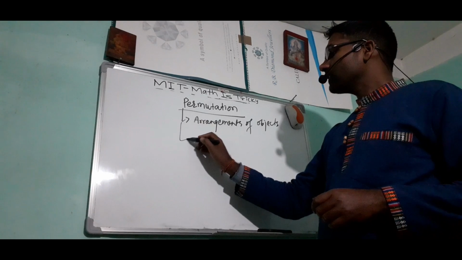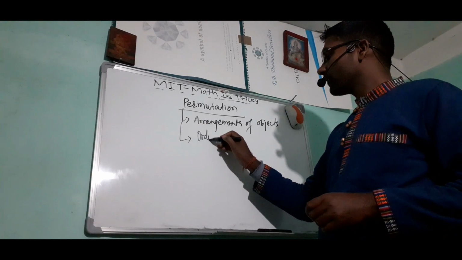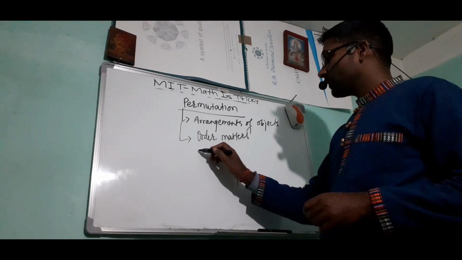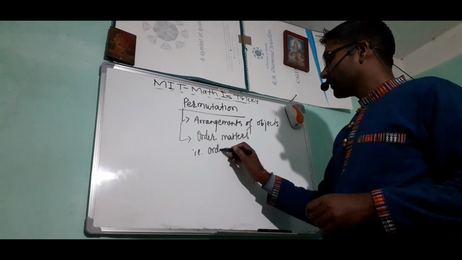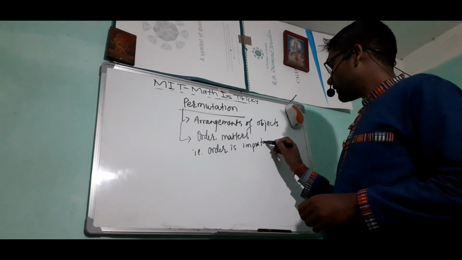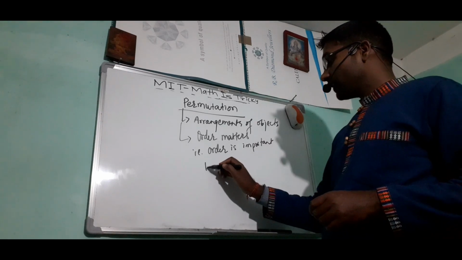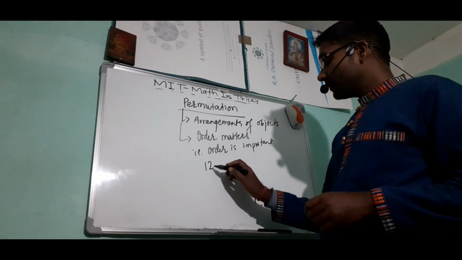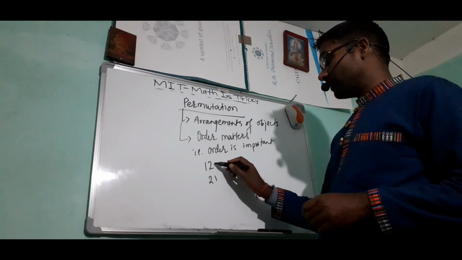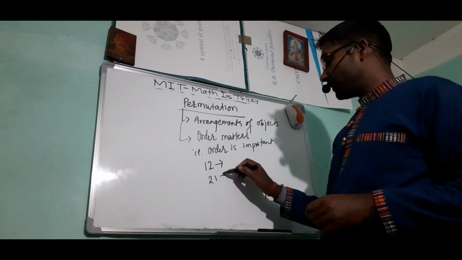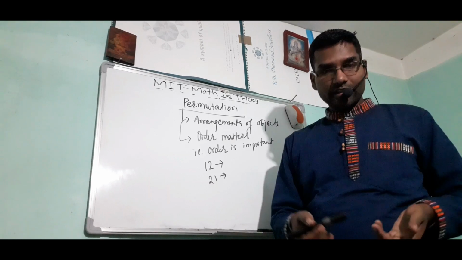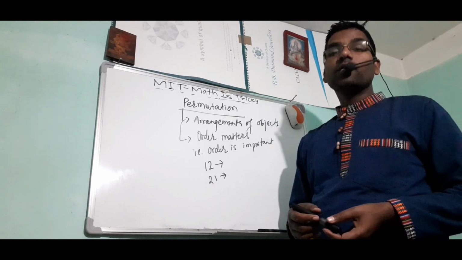Remember, in this case order matters, order is important. I mean to say that if I write 1 2 and then change their position, it will be 2 1, and they are not equal, the value is different. If by changing the order the value also changes, that is actually permutation.